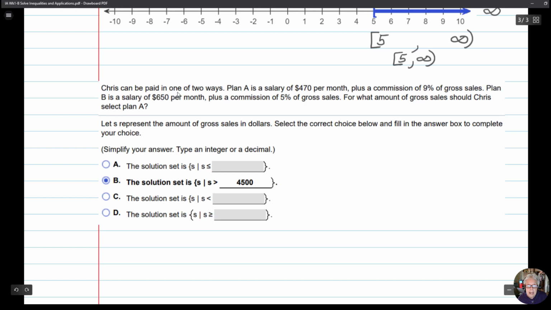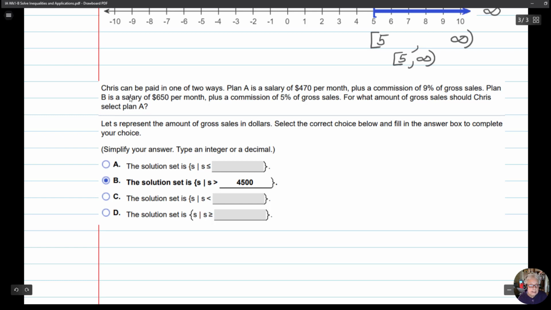Chris can be paid in one of two ways. Lucky Chris. Plan A is a salary of $470 per month, plus a commission of 9% of the gross sales.